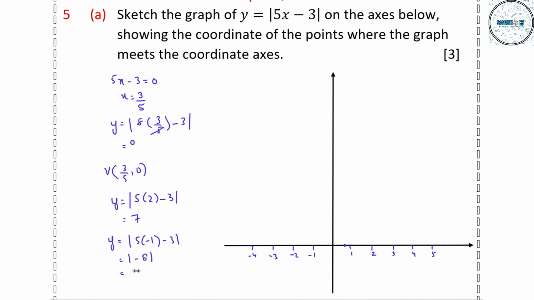So the absolute value of minus 8 is 8. We have coordinate 2, 7, another coordinate minus 1, 8. You can mark the points over here. At 2, it is 7.